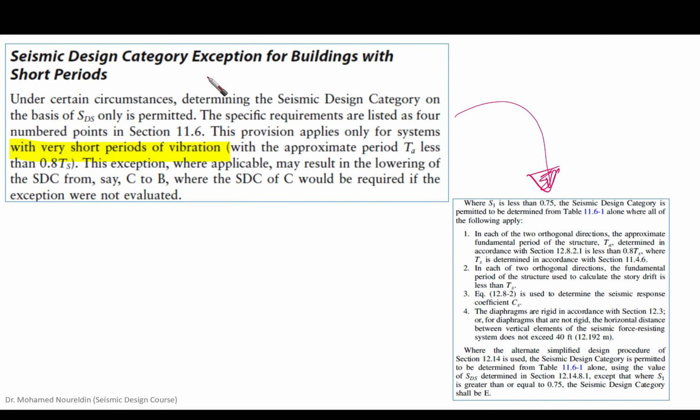Seismic design category exception for buildings with very short periods. Under certain circumstances, determining the seismic design category on the basis of SDS only is permitted. The specific requirements are listed as 4 numbered points in 11.6.